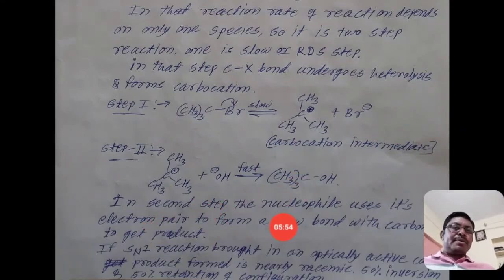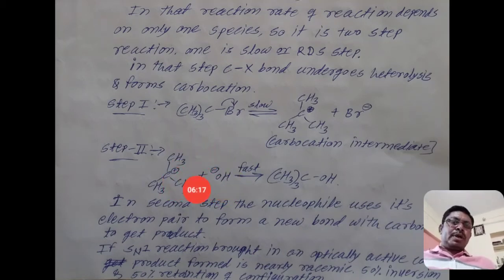In the second step, the nucleophile uses its electron pair to form a new bond with carbon to get the product. When the carbocation is formed, the carbon has fewer electrons, while the nucleophile is an electron rich species. It has a pair of electrons to form the bond between carbon and the nucleophile, or the hydroxyl ion.